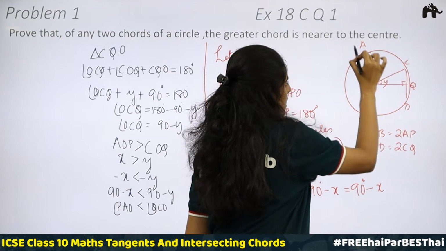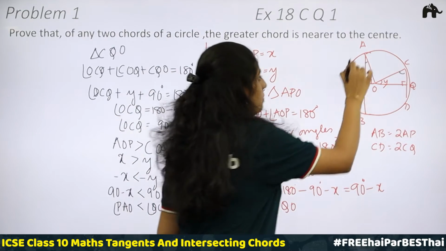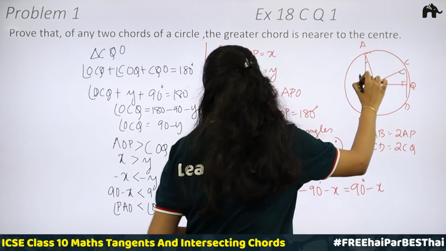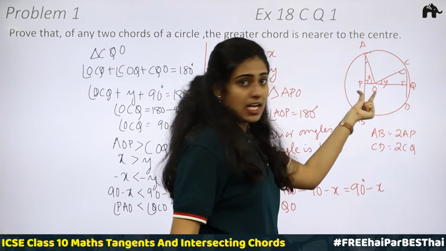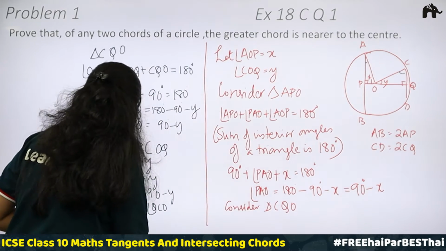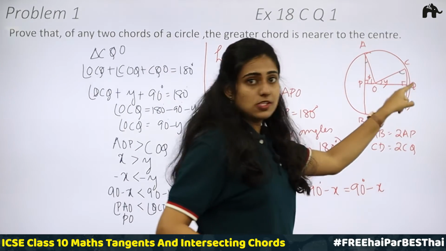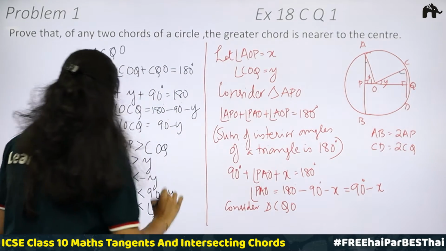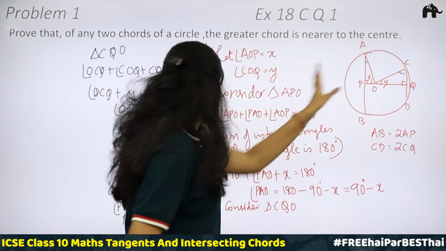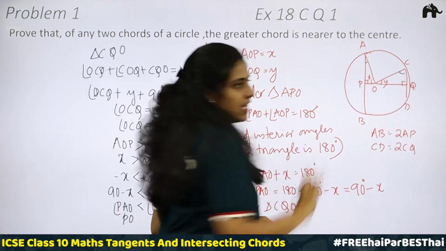PAO is this angle and QCO is this angle. Opposite to angle PAO, we have side PO. Opposite to angle QCO, we have the side OQ. If PAO is less than QCO, we will have OP less than OQ.